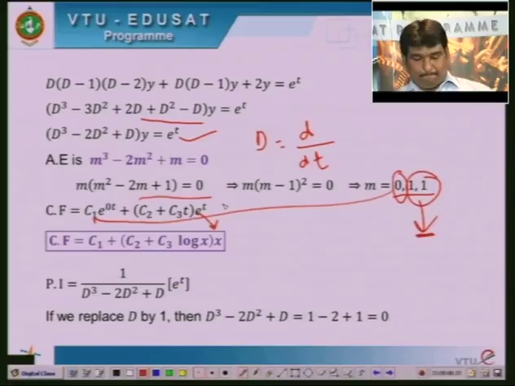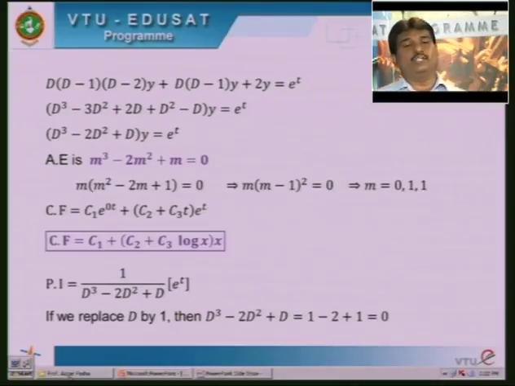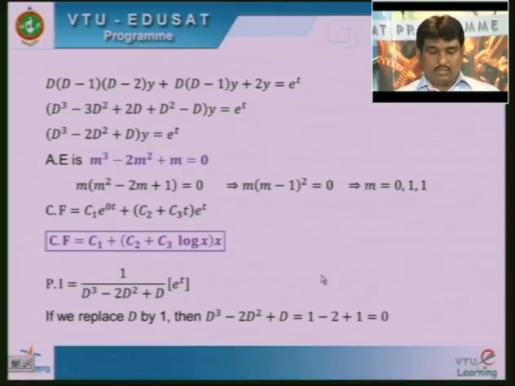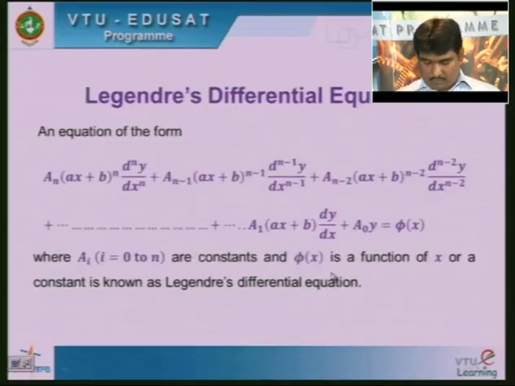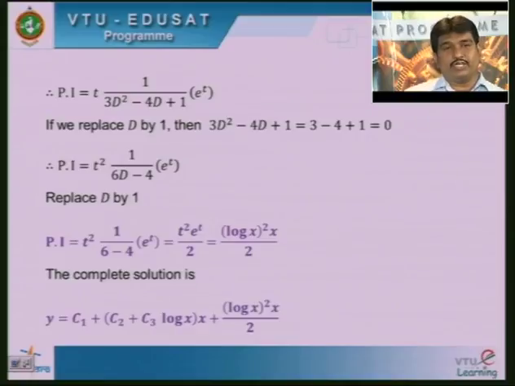Now PI is 1 divided by f of D. f of D is D cube minus 2D square plus D operated on e to the power of t. This is like e to the power of at type 1. We have to replace D by 1 because the coefficient of t is 1 here, but if we replace D by 1, the denominator becomes 0, and hence we have to multiply by t and differentiate the denominator.